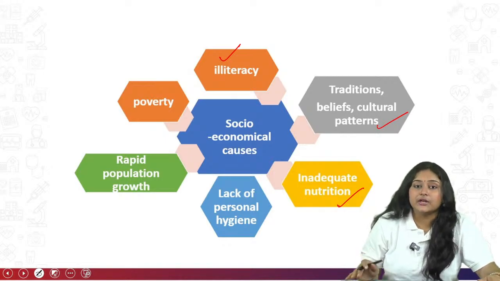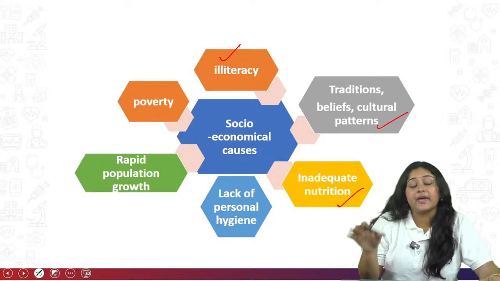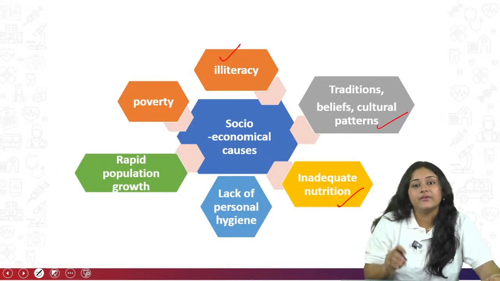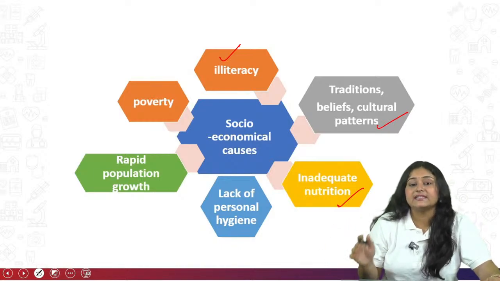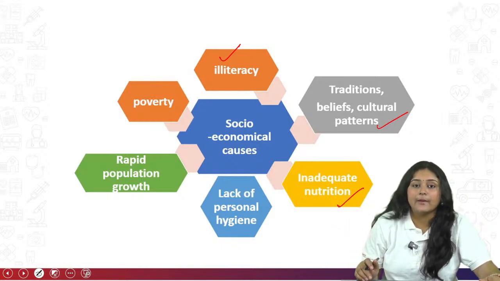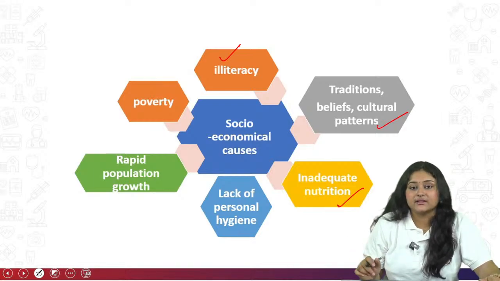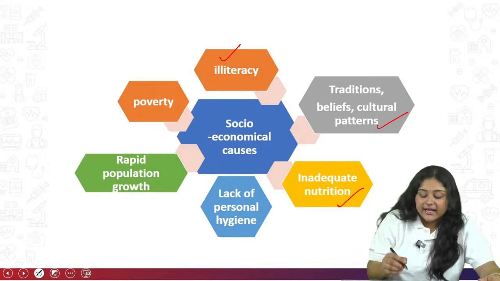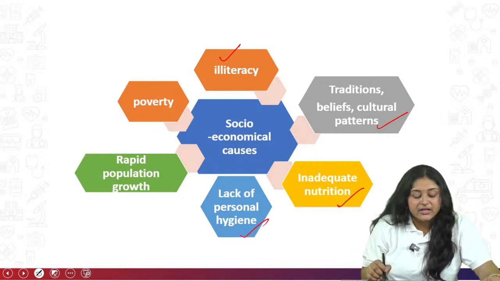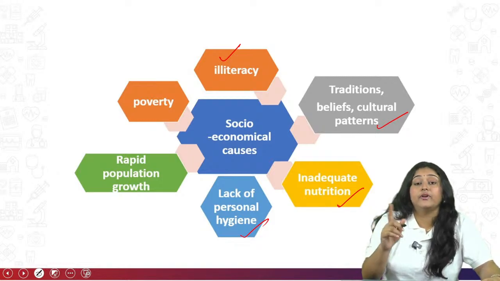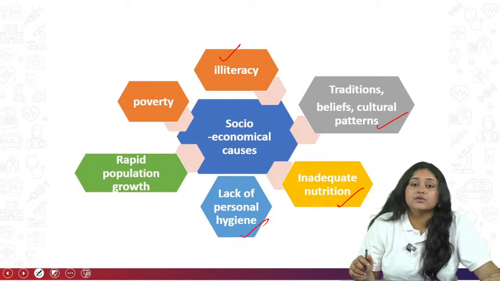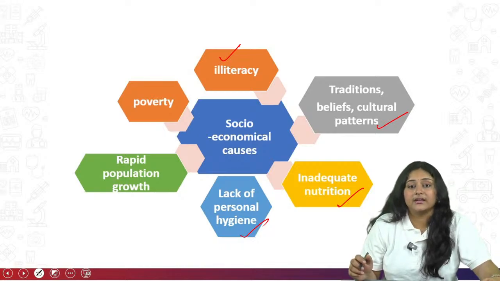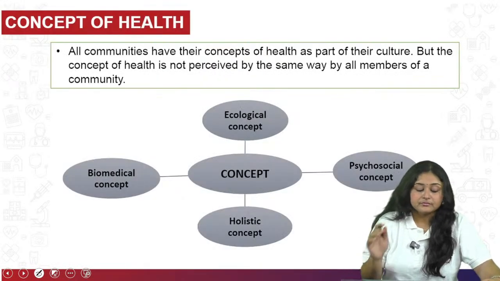For children, if you are not able to give proper adequate nutrition based on their age-wise requirements, what will happen? Muscle wasting, muscle growth will not be present, and brain development will not happen. So other health determinants also come in and have an impact. Next is the lack of personal hygiene. Rapid population growth and poverty is one of the most important socio-economic factors leading to poor health.